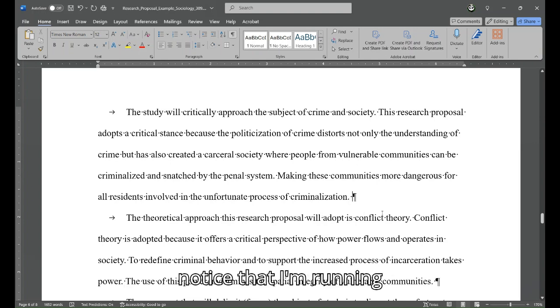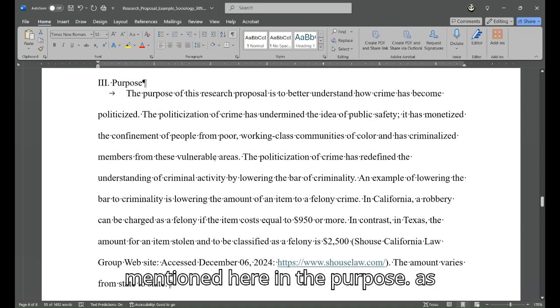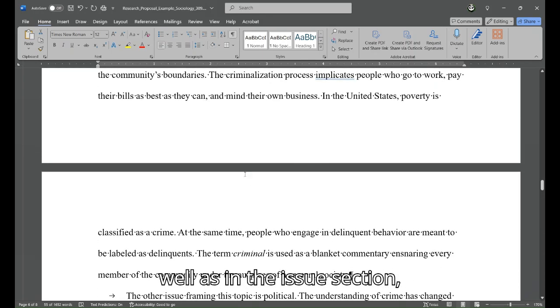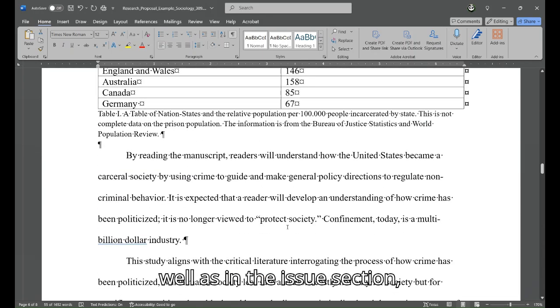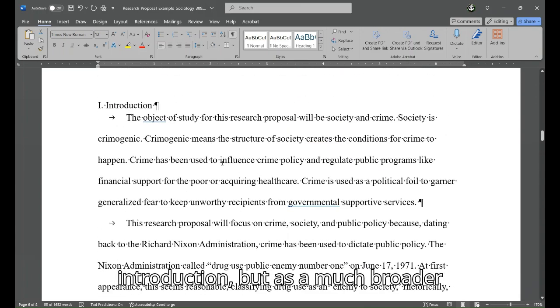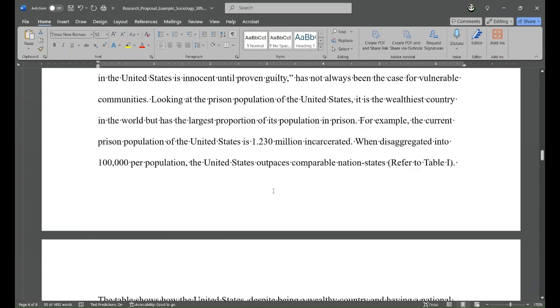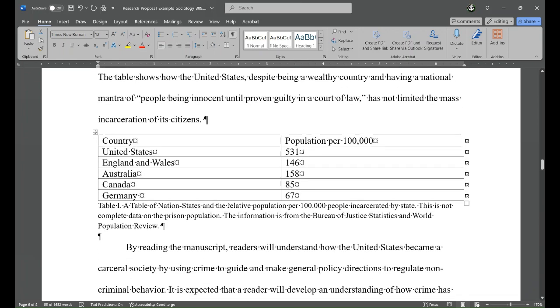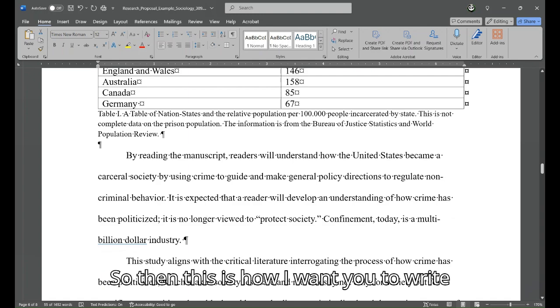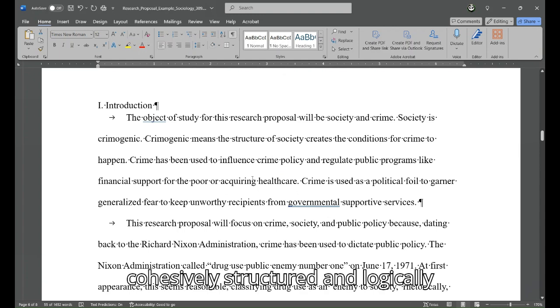So you'll notice that I'm running with the theme of criminalization, what I mentioned here in the purpose, as well as in the issue section, and somewhat referred to here in the introduction, but as a much broader context. Right. So then this is how I want you to write your essay, right? Making sure that it's cohesively structured and logically structured.